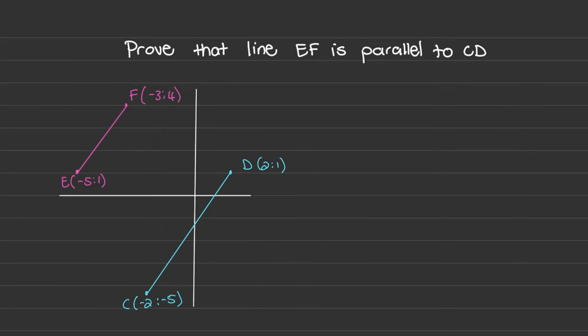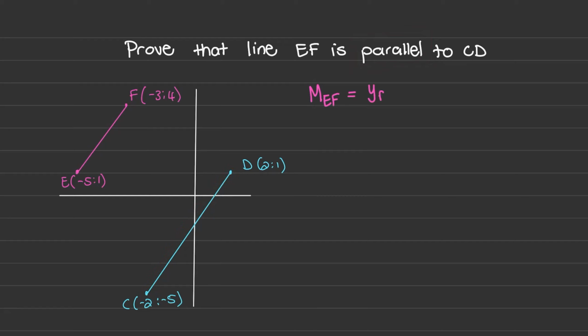In this example, we want to prove that the line EF is parallel to the line CD. And we are given the points of E and F and the coordinates of C and D. So in order to prove lines parallel, we can use the gradient of EF and compare it to the gradient of CD. So let's use the gradient formula to find the gradient of EF.